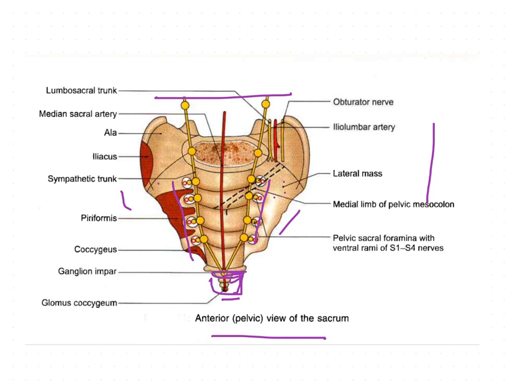Okay, now the upper part of the sacrum is massive because it supports the body weight and transmits it to the hip bone. For that reason, the upper part of the sacrum is massive.